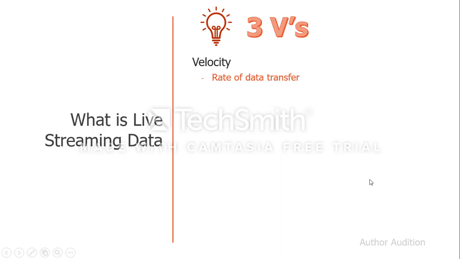In the world of cloud computing, the network transmission of these packets of data has enabled the evolution of streaming data. The second concept is the variety of the data. Streaming data, albeit traveling at speed, can come in different formats, such as structured or semi-structured.